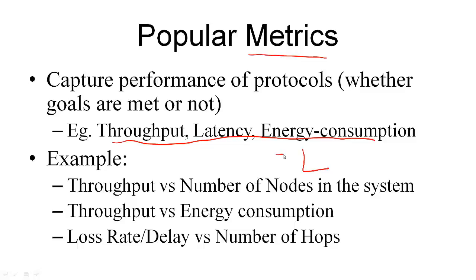For example, you design a protocol and you're measuring the throughput, and you measure how the throughput of the protocol is varying as you increase the number of nodes, or how is the throughput a function of the energy consumption, or how the delay varies as the number of hops increase between the source and the destination. So let me cover a few of these metrics in a little bit more detail, since we are going to use them as part of this course.